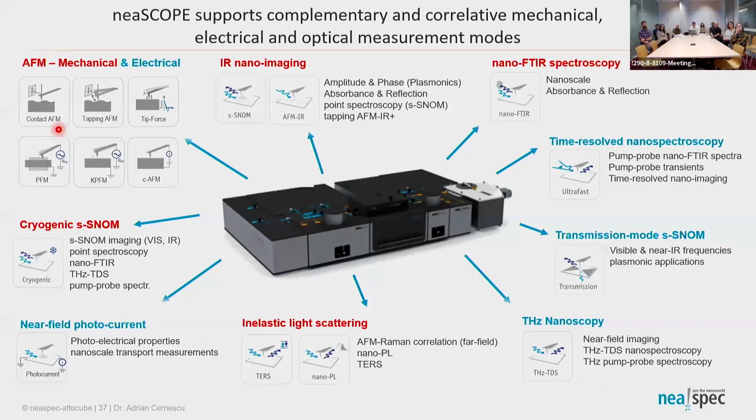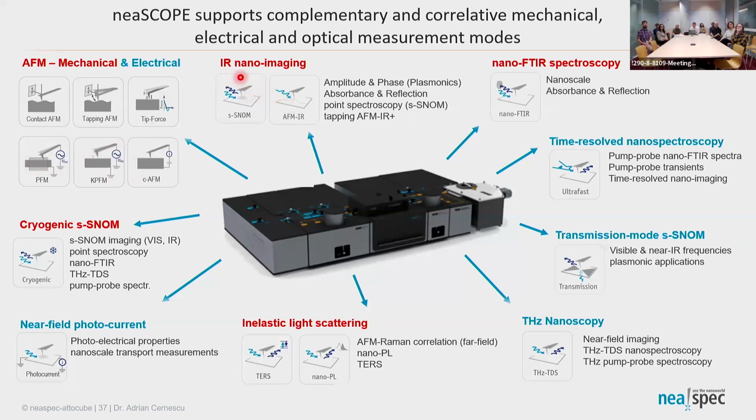As a summary slide, there are many different measurement modes that can be done with this instrument. Today, of course, I only mentioned the AFM and the mechanical properties, but there are more that can be done with the system, like KPFM, piezo force microscopy, tip force.